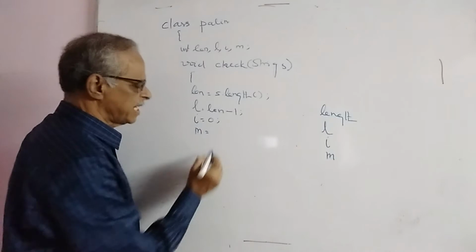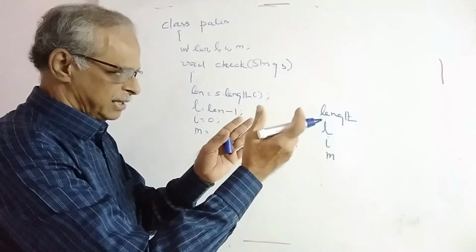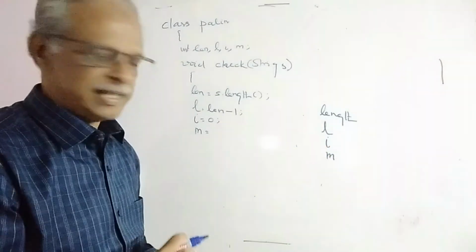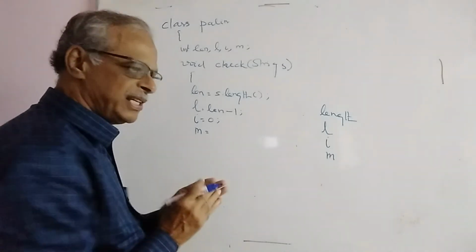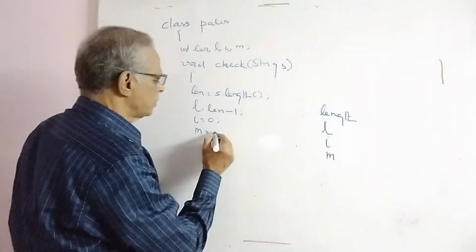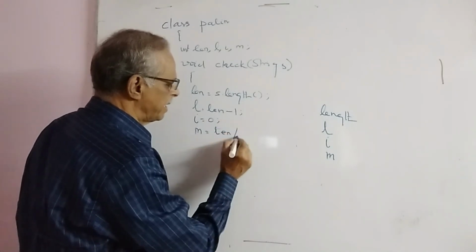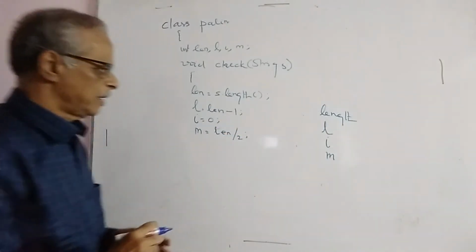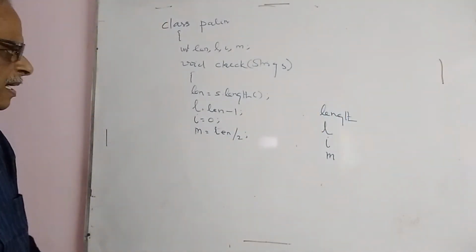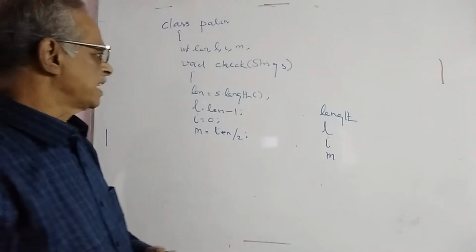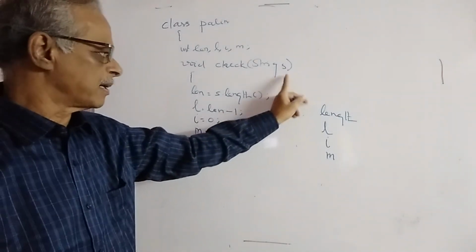We are going to check the first half of the letters with the half of the letters from the end. We need the middle character, the index of the middle character. It is equal to len divided by 2. Now we know all these values. Then we are going to check whether the given string s is a palindrome or not.